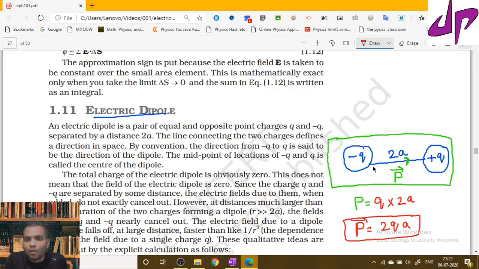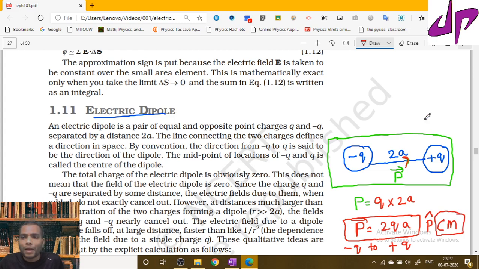The dipole moment has magnitude and direction, along from negative to positive charge, represented as p cap. Now, what are the units of the dipole moment? Charge is in coulombs and length is in meters, so the coulomb meter is the SI unit of dipole moment.